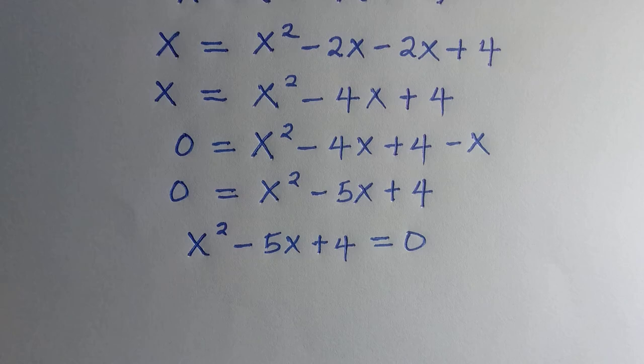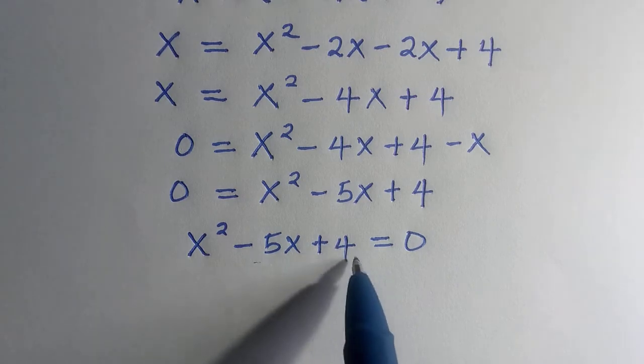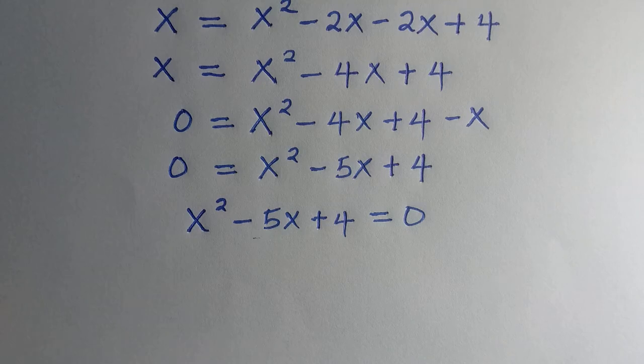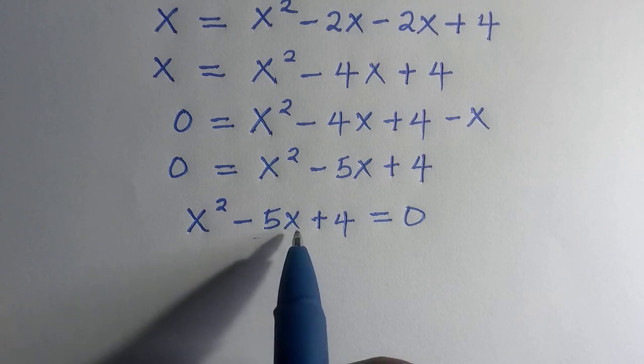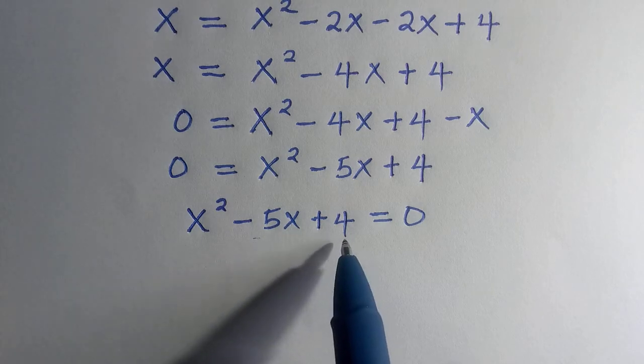Again, we are going to factorize this, because the middle is the sum and here is the product of the roots. So we look for two numbers. The numbers are minus 4 and minus 1. Minus 4 minus 1 is minus 5, and minus 4 times minus 1 is 4.